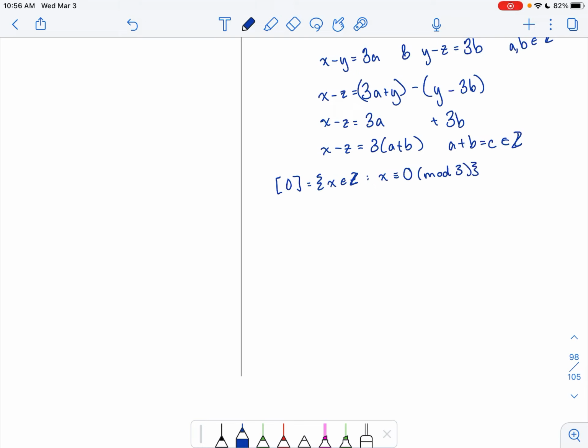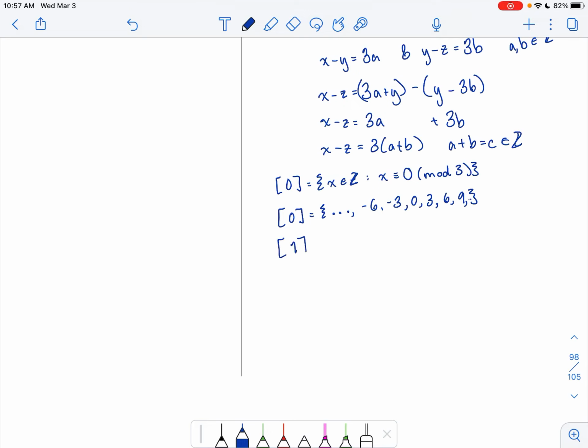So the equivalence class of 0 is all the multiples of 3, because it has no remainder. So negative 6, negative 3, 0, 3, 6, 9, etc.